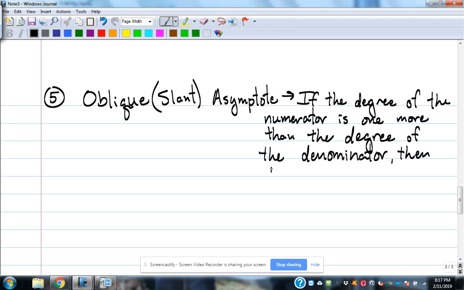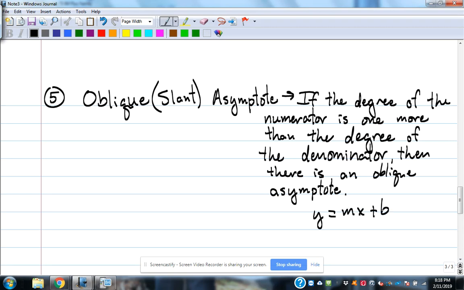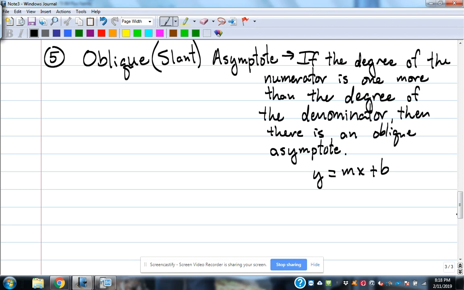Then there is an oblique asymptote. It's going to be a slope-intercept form equation, y equals mx plus b. It's going to be found by doing long division.